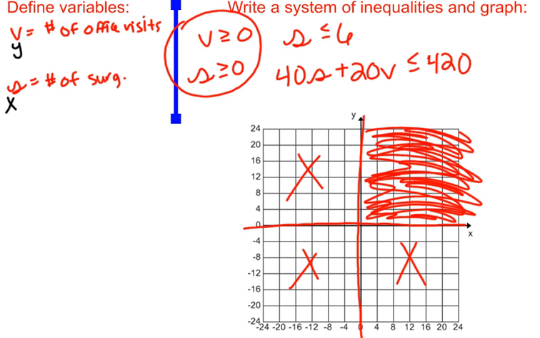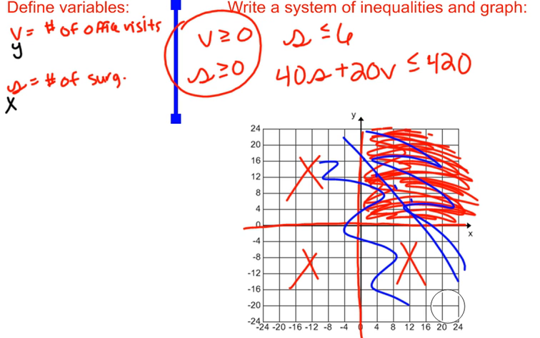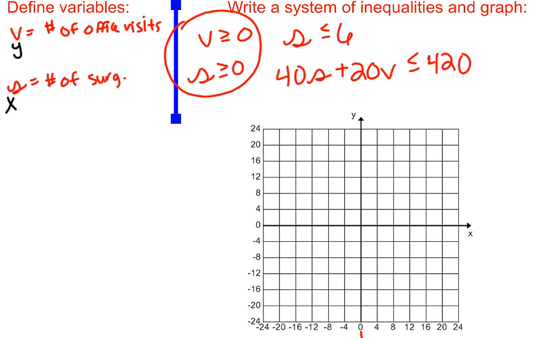Because if I did this right now, my graph is pretty messy. And to start to graph another line on top of that and try to find shadings and put more shadings, then graph another line on there, it gets really hard to read. So I would suggest knowing that your graph has to be in the first quadrant. And you have to technically graph these because they're part of your equation. So the v is greater than or equal to 0 would be a horizontal line at 0.